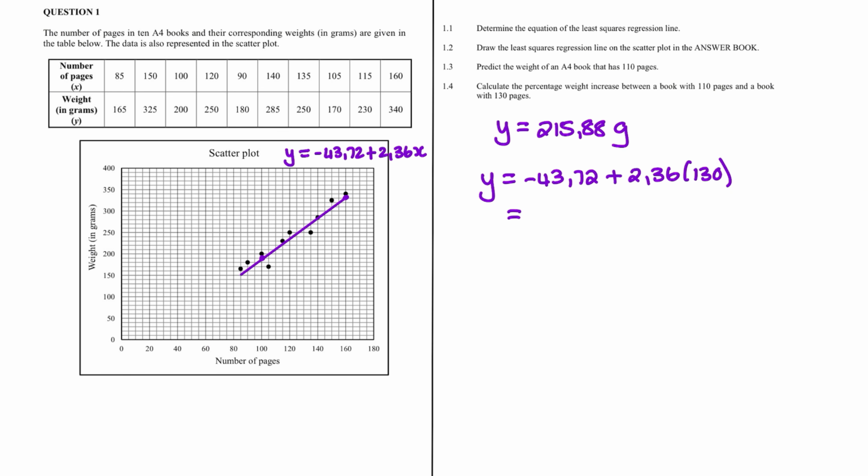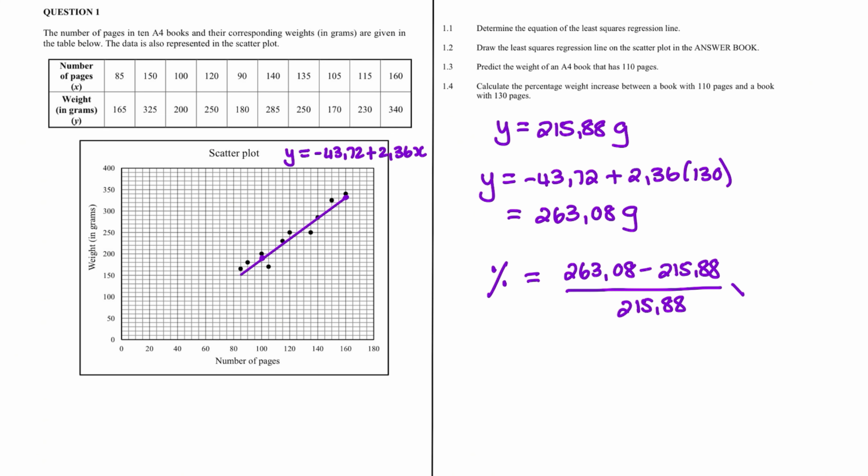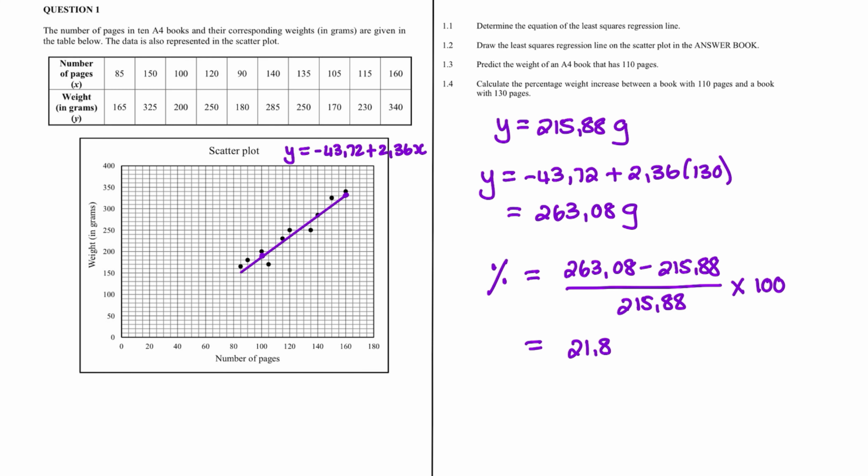And that gives me 263.08 grams. We'll take the difference of weight between the two books and we divide that by the weight of the original book and we multiply that ratio with 100. So that leads me to 21.86%.